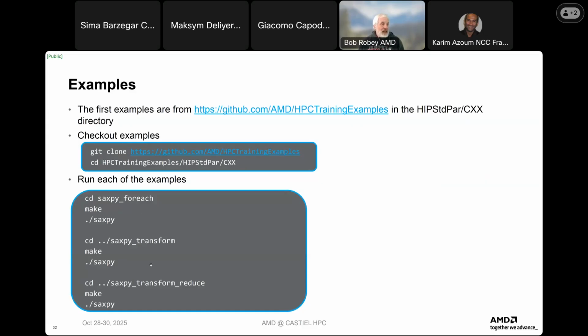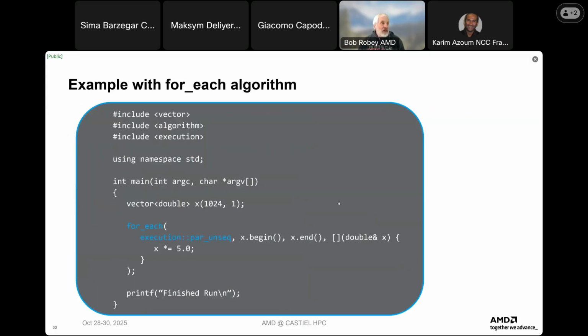And we can run that SAXPY transform, or with the reduction. We're going to move on to for each algorithm. So transform may be confusing to a lot of people seeing it in the code. So there is a for each, but there are actually slightly different cases you would want to use those.